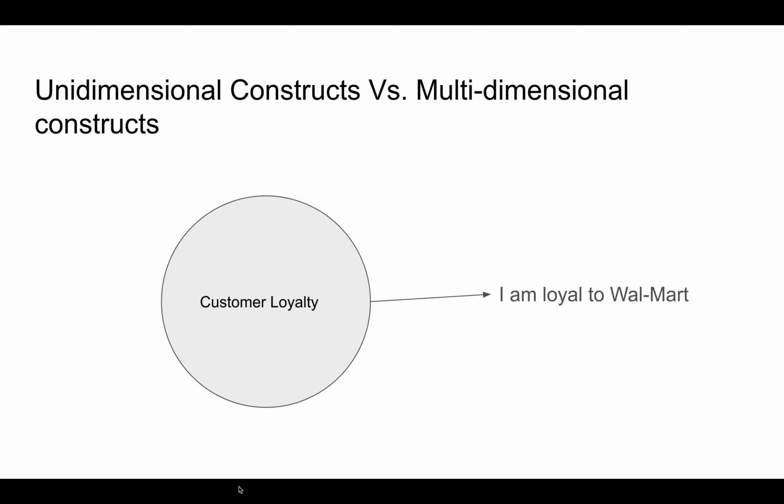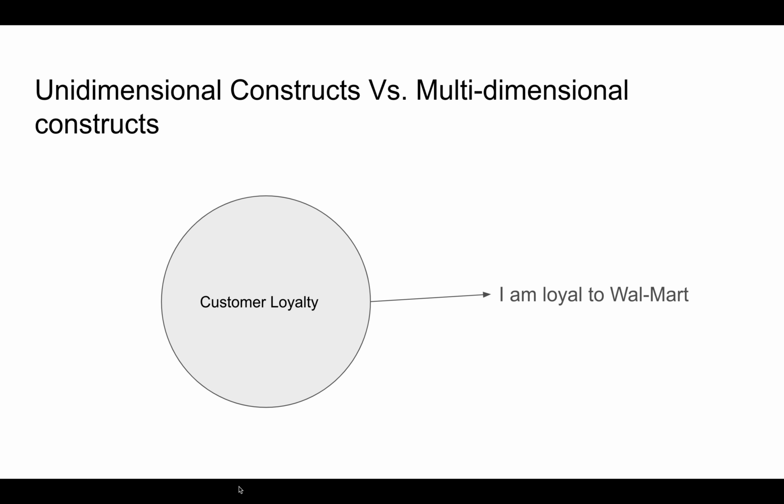And in measuring the constructs or the variables in social sciences, we can either use unidimensional constructs or multi-dimensional constructs. For example, to measure customer loyalty, you can ask a customer to respond to a single item scale, like I am loyal to Walmart.